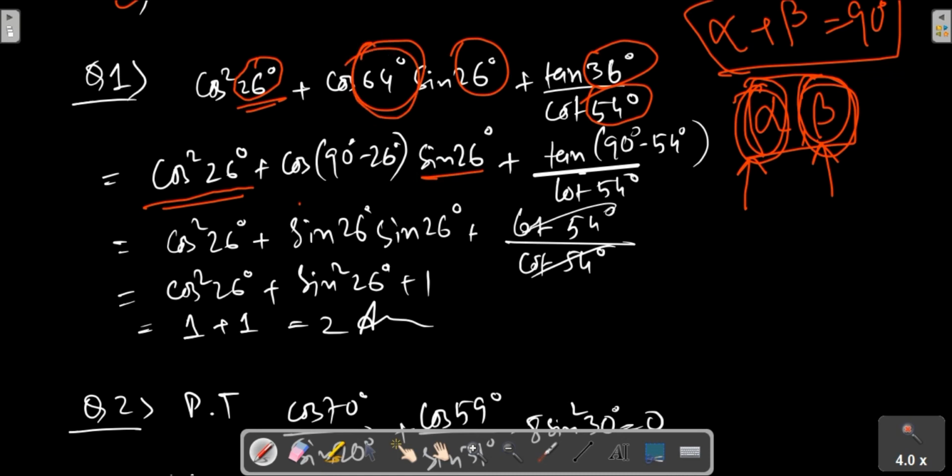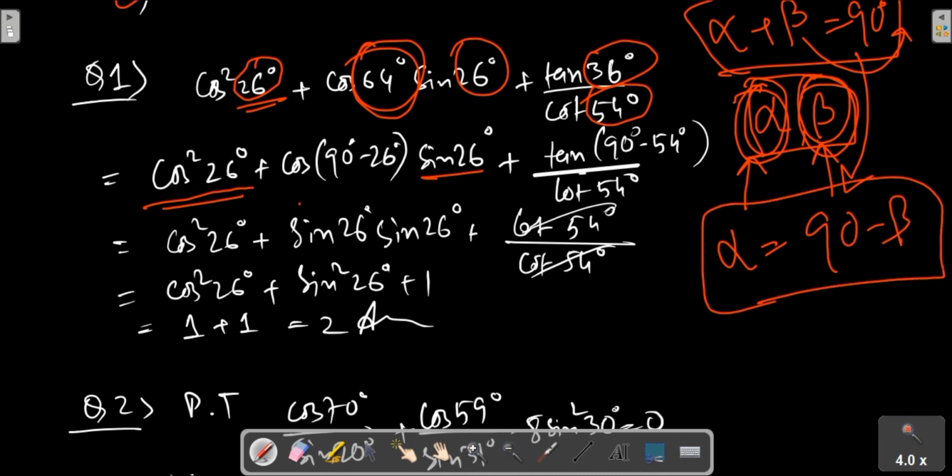Now how to change 64? From this relation, if I want to change alpha, in the place of alpha I write 90 minus beta. Beta is the other angle, the one which is not changing. So in the place of 64, we write 90 minus 26.